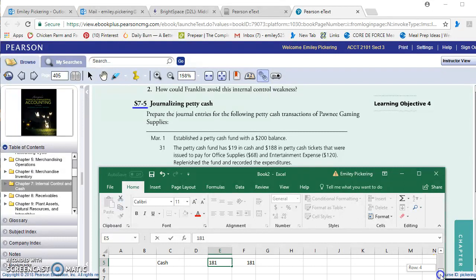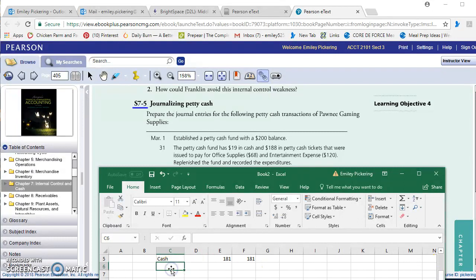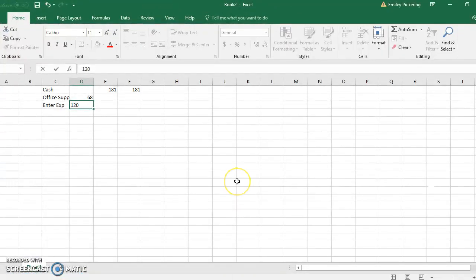Then let's record our expenses. Well, we said that we had office supplies. That's not an expense, that's actually an asset, but of 68. And we also had entertainment expense, and that was 120.